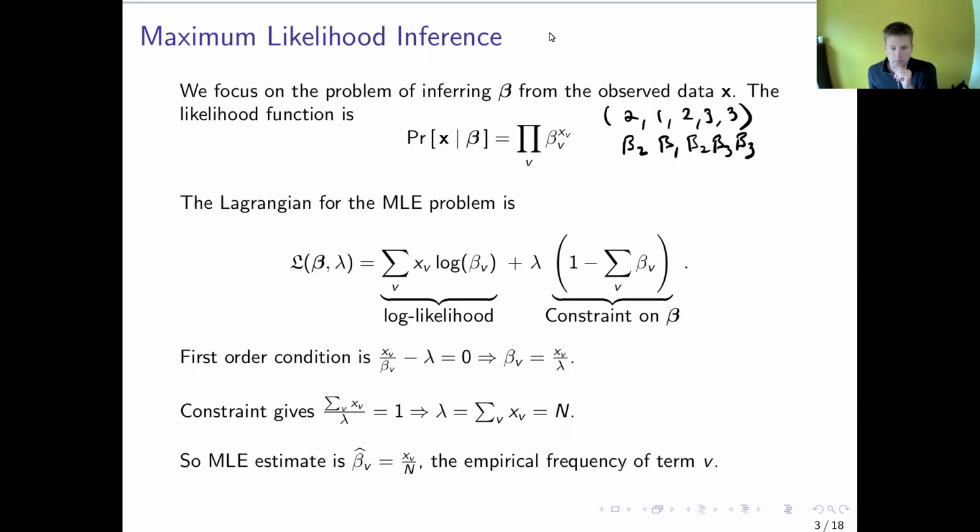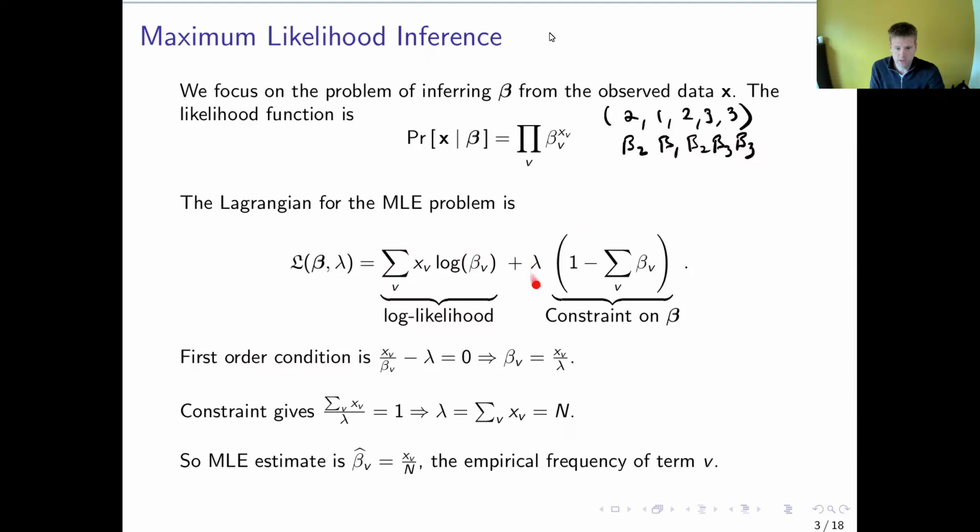The only, maybe I don't know whether non-standard is even the right term, but the only thing to bear in mind is that there's a constraint on these parameters. So if I form this log likelihood function from the above likelihood function, I don't directly maximize the log likelihood.